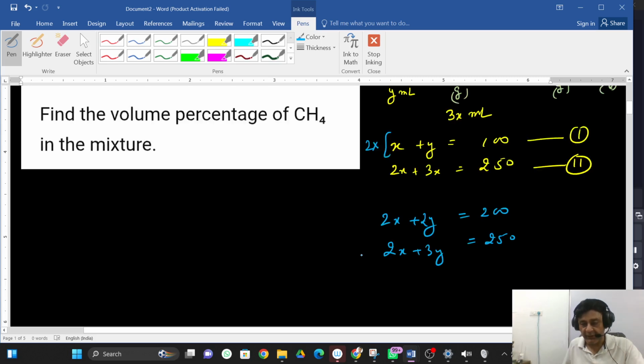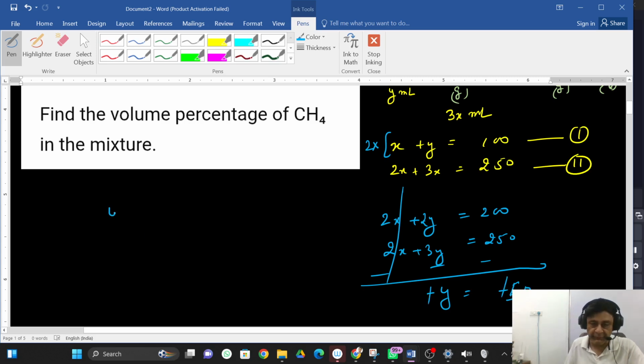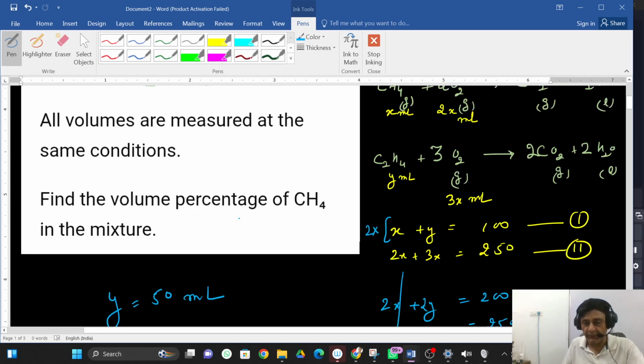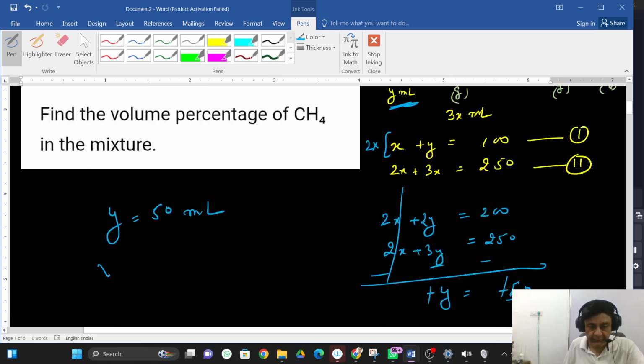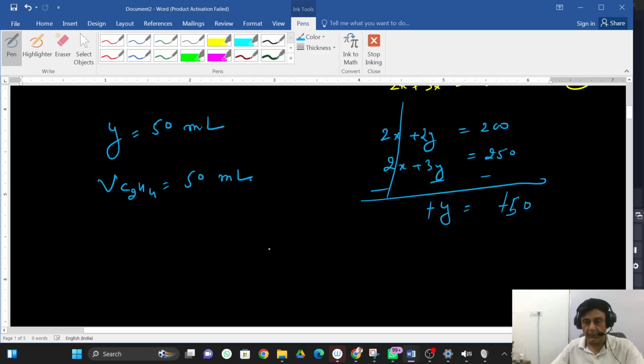Now subtracting, we can cancel out X. So minus Y is equal to minus 50, and cancelling out, Y is equal to 50 milliliter. This Y is nothing but the volume of the ethene, so the volume of ethene is 50 milliliter.